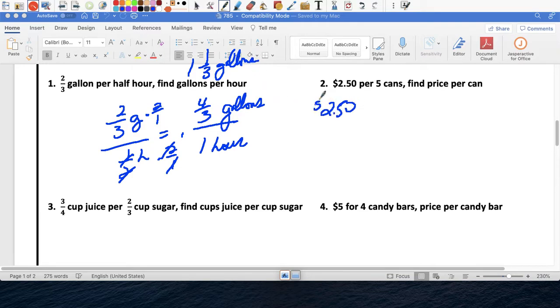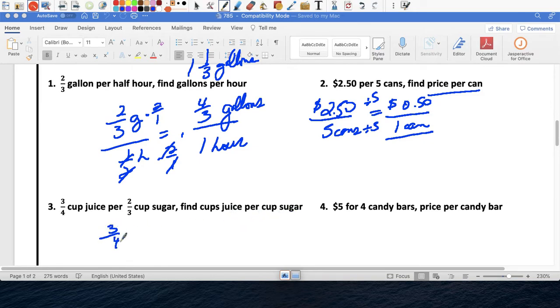$2.50 for 5 cans. And they want the price per can, so per 1 can, right? So divide by 5, and we get 0.50 per can. Next: 3/4. So we want juice per sugar, so 3/4 juice over 2/3 of sugar, and the unit rate.